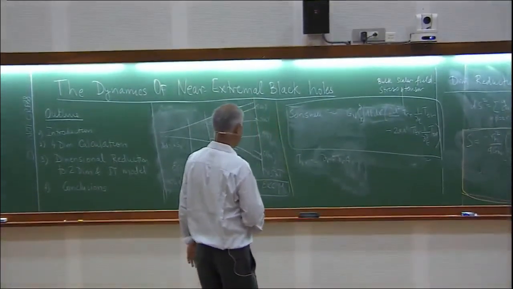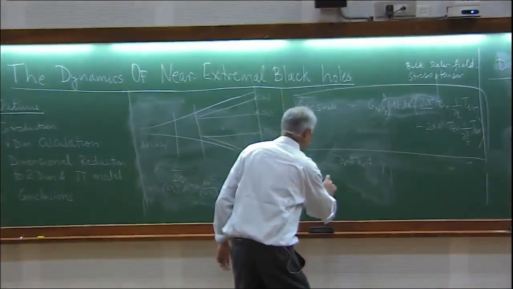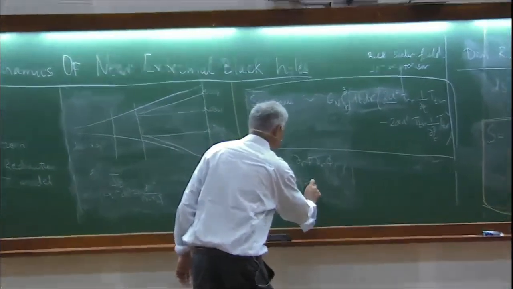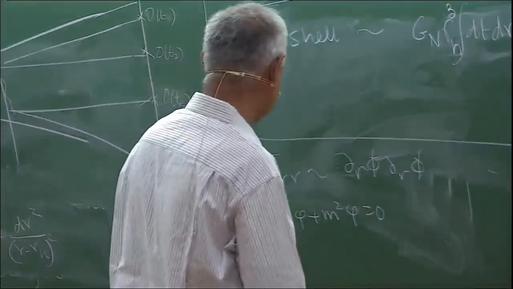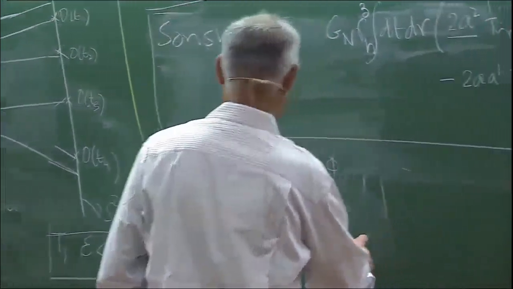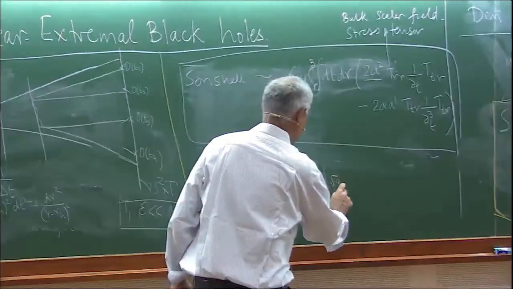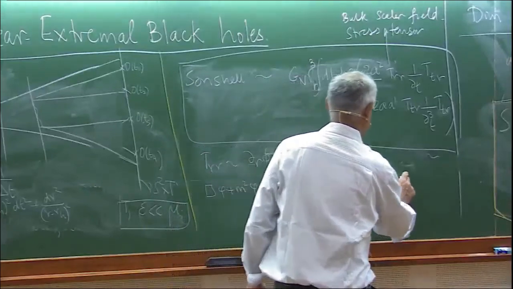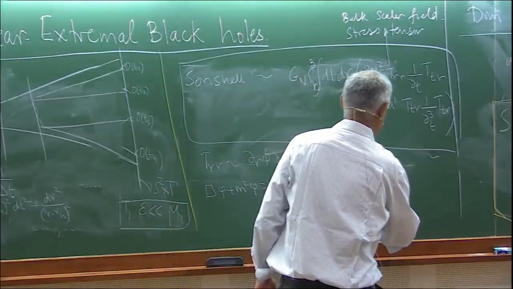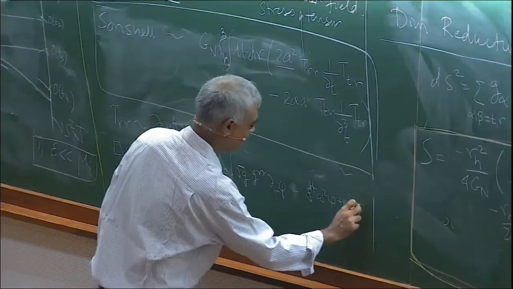The equation, if I look at box phi plus m squared phi equal to 0, looks something like this: 1 upon square root of G, d_r of square root of G G^{RR} ∂_R phi, plus G^{TT} omega squared phi, plus m squared phi equal to 0.